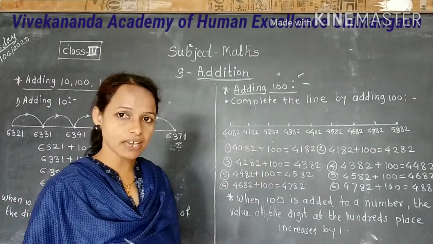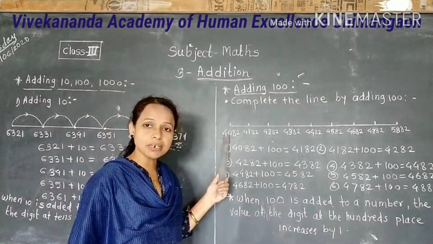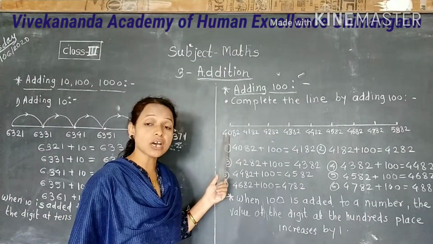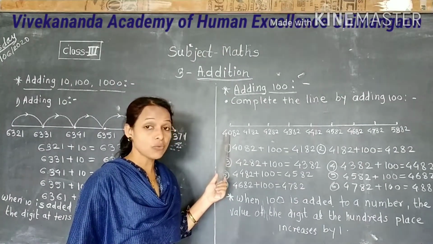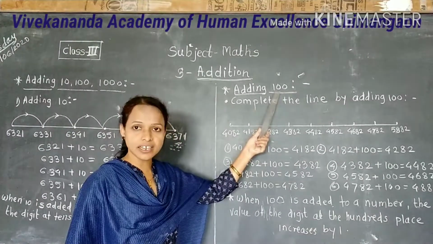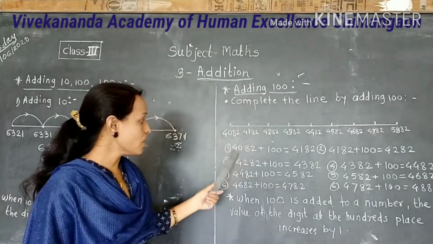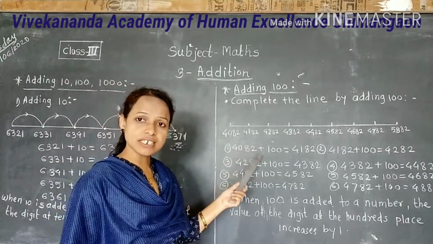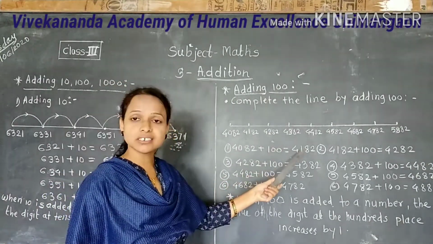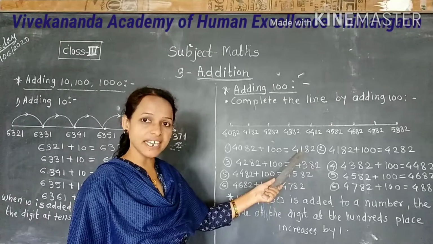One example I have shown you. Look here, the first number given is 4082. Now we have to add 100 to each number. So I add 4082 plus 100, sum 4182.